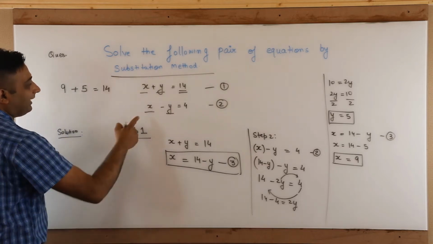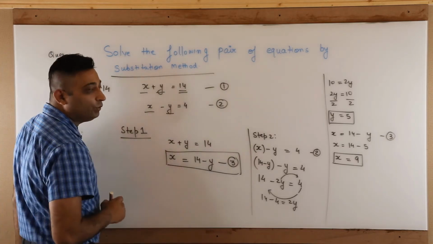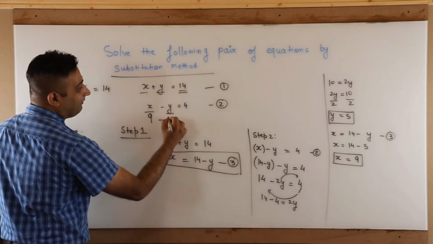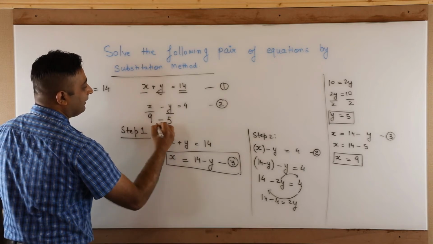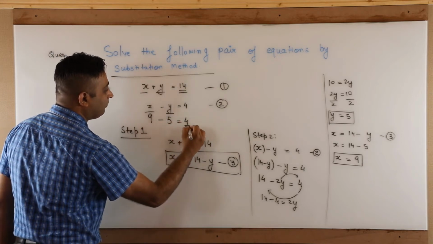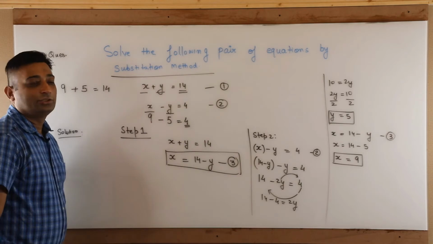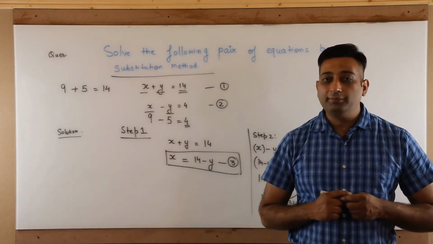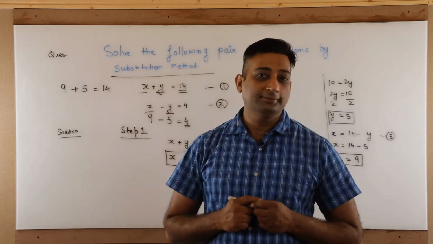Now let us put the values of x and y in equation number 2 and verify. The value of x is 9 and the value of y is 5. We get the answer as 4, which is equal to the right hand side. So we have found the solution of this pair of linear equations in two variables by the substitution method.